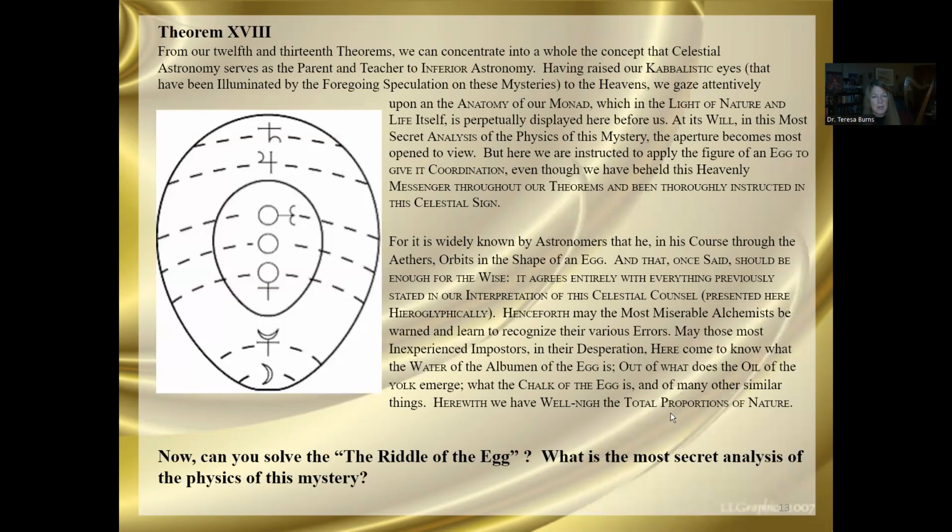Okay, so now I think you can solve the riddle of the egg, at least the first riddle. In fact, I've just solved it for you. What you have here is the egg as this lightning flash order that you are perceiving as you open your Kabbalistic eyes to Tifereth. Now, I think that's pretty cool.